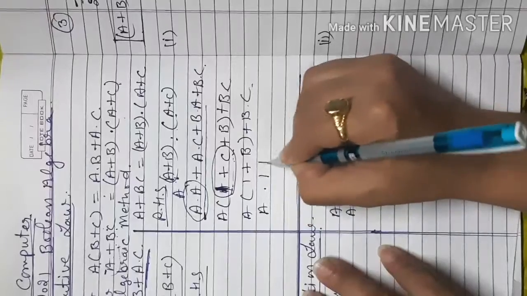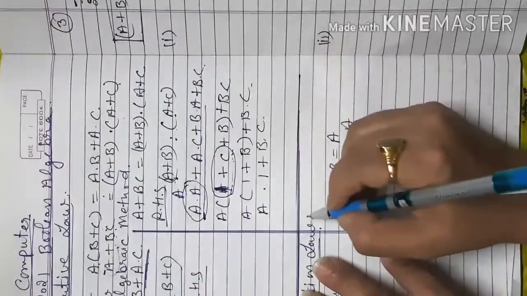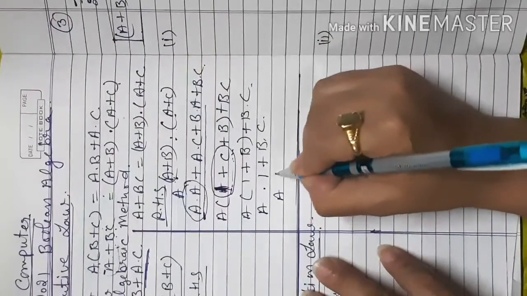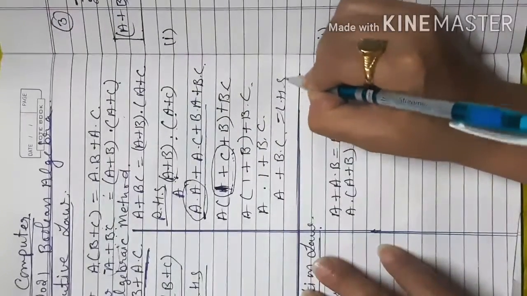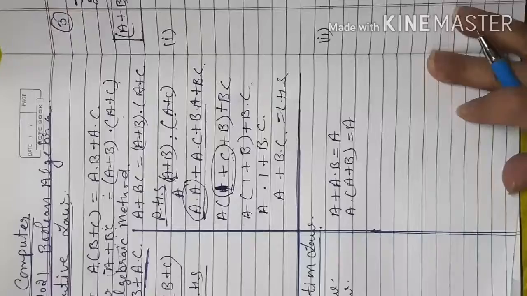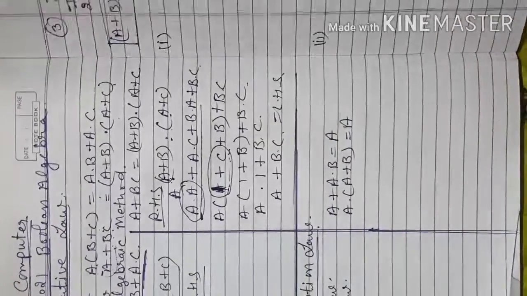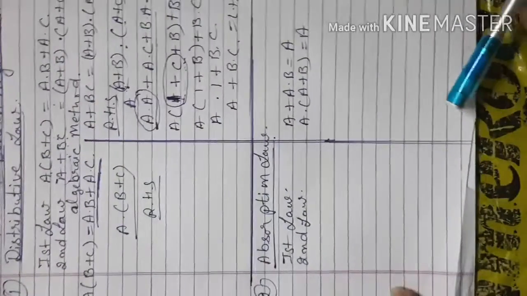So A dot 1 plus B dot C, which is A plus B dot C. That is my required left hand side in this second law of the distributive law, that is my Boolean algebraic law.